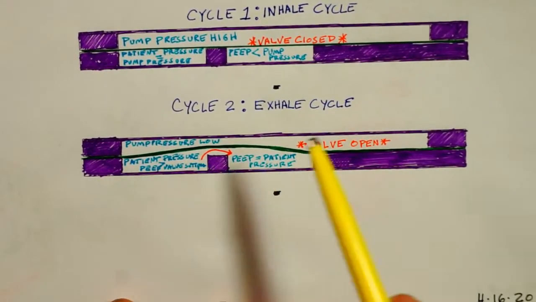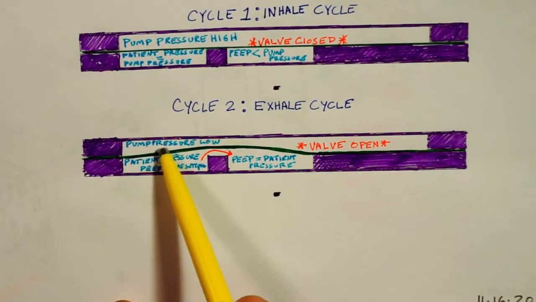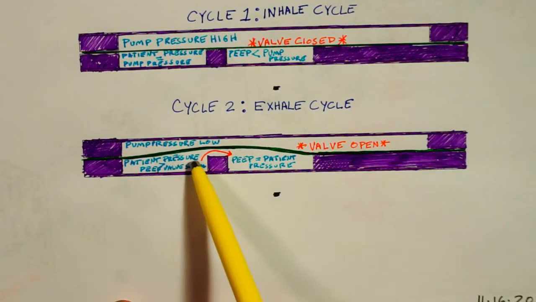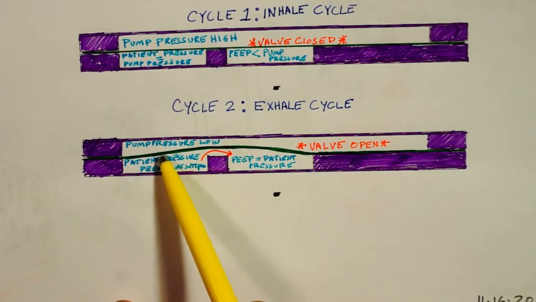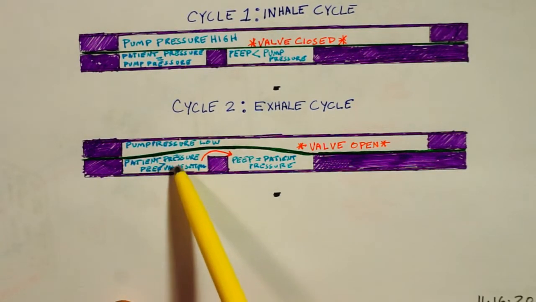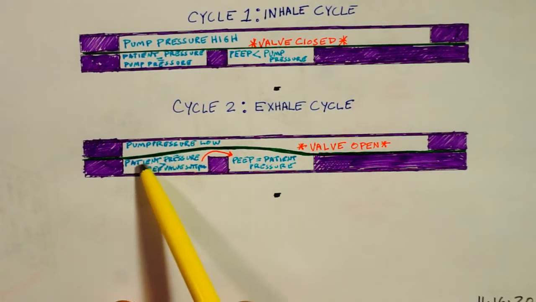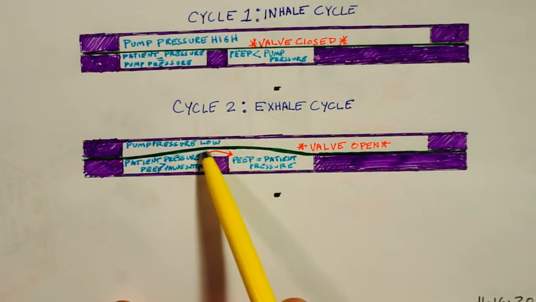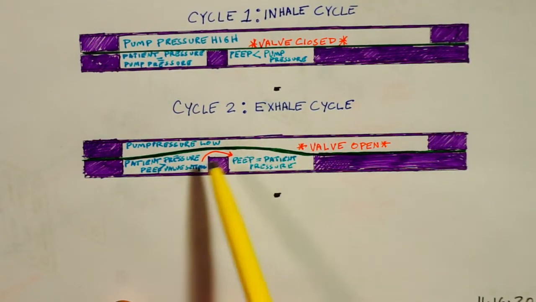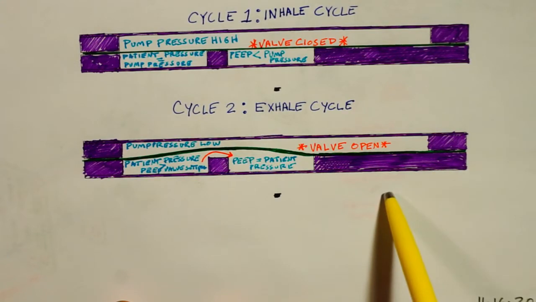Then in the exhale cycle, the pump pressure is low, sucking this membrane up. The patient is exhaling until PEEP is achieved, right? Always higher than PEEP pressure. And so this membrane is blown up or deflected up, and air can flow under the membrane from the patient pressure to the PEEP chamber and then out through the PEEP system.